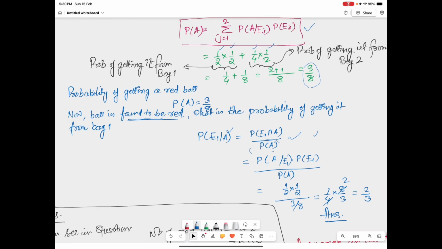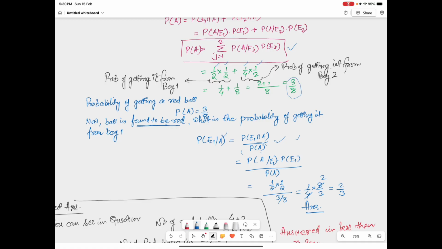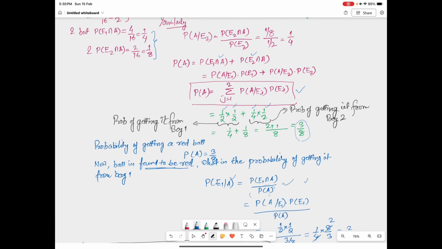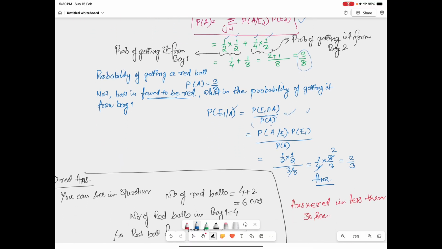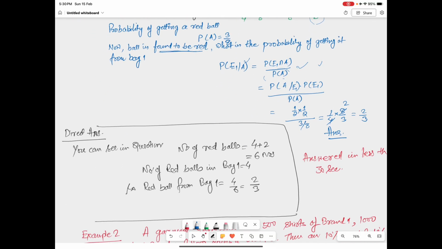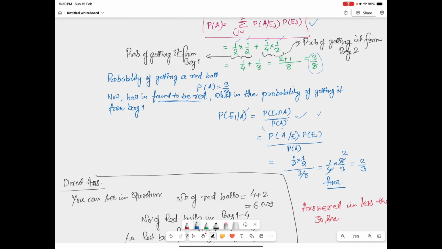So this is how you can understand the Bayes theorem. With a very simple example, I have tried to explain it to you. Now there is another way, because it's a conditional probability. I have written in my first statement, a ball is found to be red. What is the probability that it has come from bag 1?